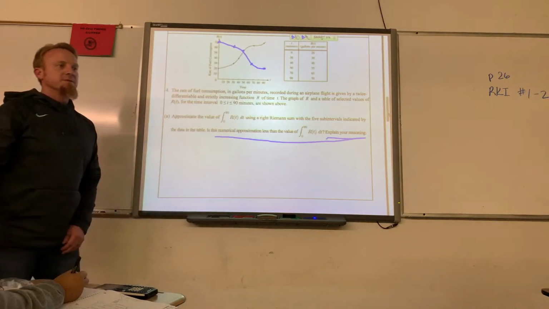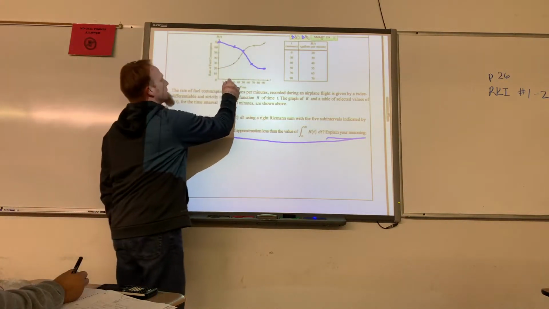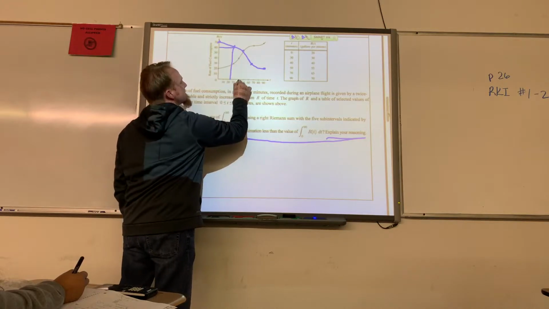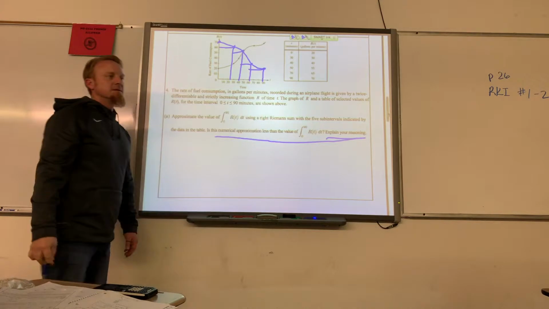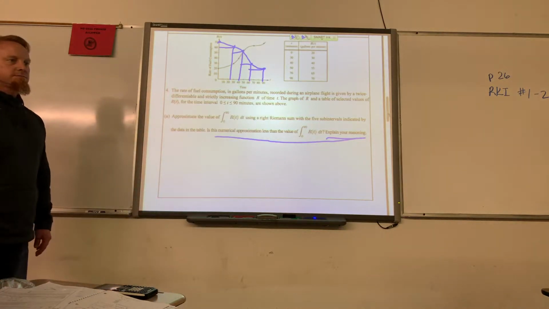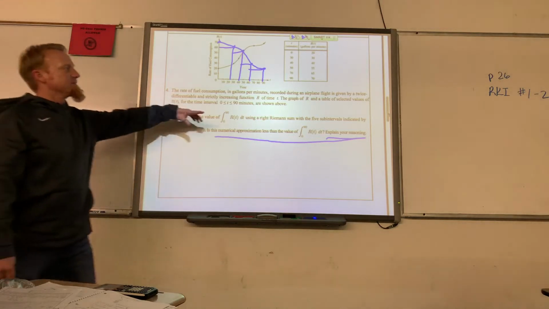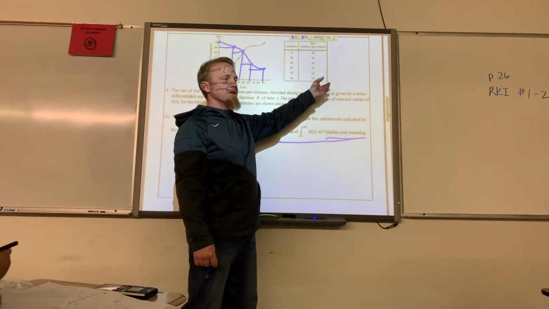So that's what it would look like if it was decreasing. If I drew every one of my rectangles, that's under, that's under, that's under, that's under. Well, if it's decreasing, I have to. I can't be decreasing and my numbers get bigger.